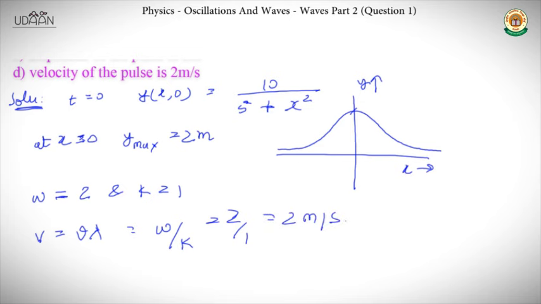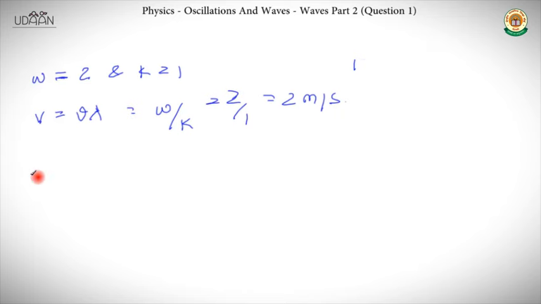And there is another way to solve this also. We have studied that Vp is equal to minus V into slope. This was a formula which we got for the velocity of a particle. Vp was dou y by dou t, which is equal to minus V times dou y by dou x, and we need V here.